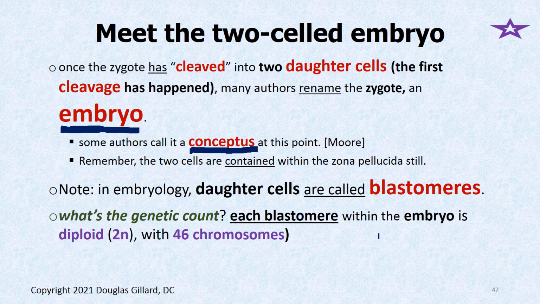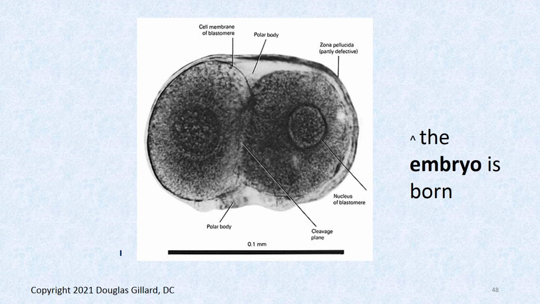All right, and yep, so what's the genetic count? Each one of these daughter cells, or blastomeres, is a body cell. It's 46 chromosomes, or 23 pairs of chromosomes. They're diploid. Right, let's look at a picture. So here, you can see the Zona Pellucida has not replicated.